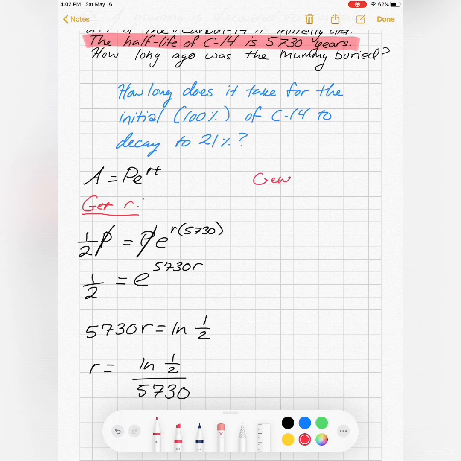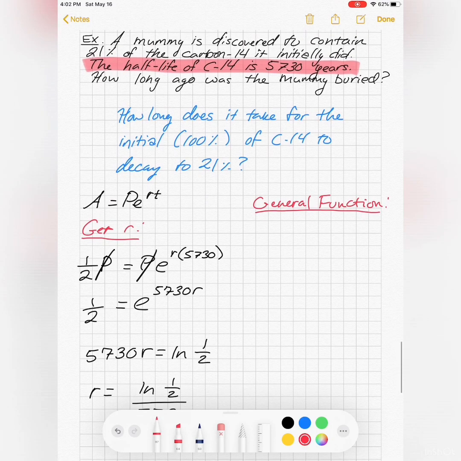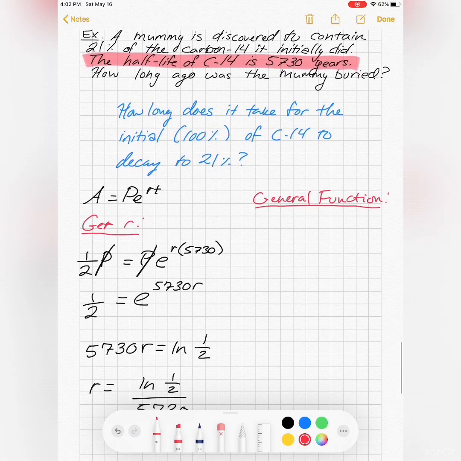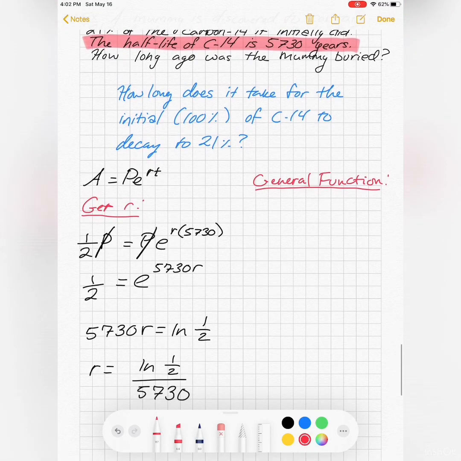And after I have my rate, I'm going to build the general function. Okay, so I'm going to take my rate, put that in here.